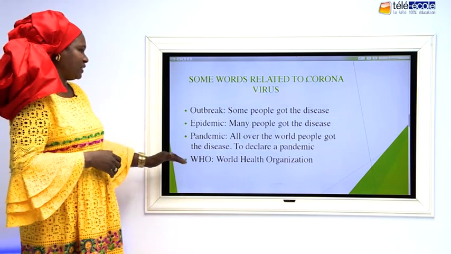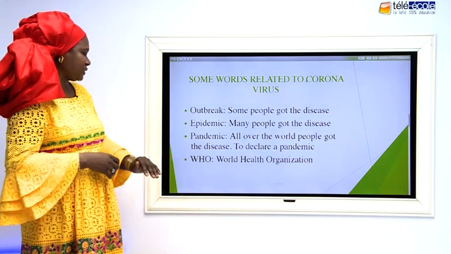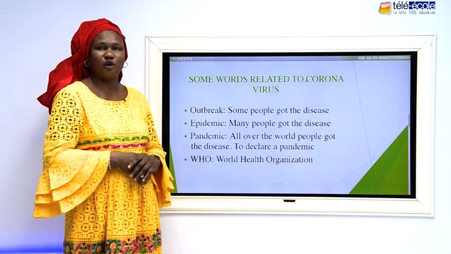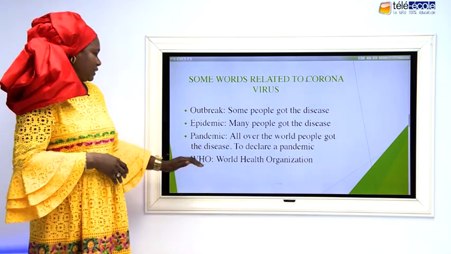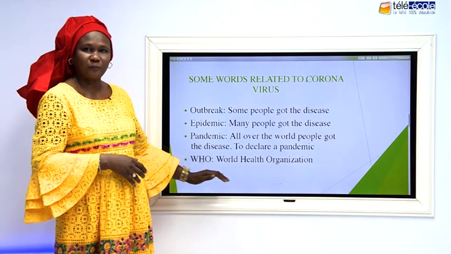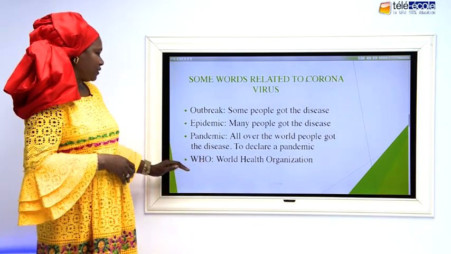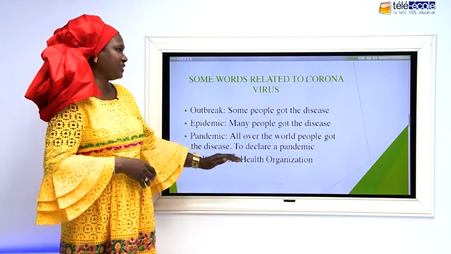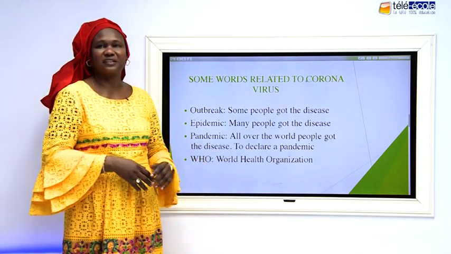And we have here an example with WHO. WHO stands for World Health Organization. We can say World Health Organization declares coronavirus a pandemic.